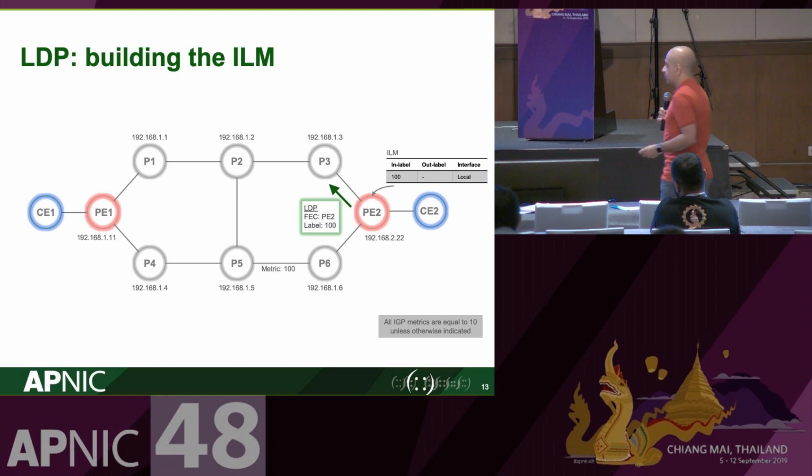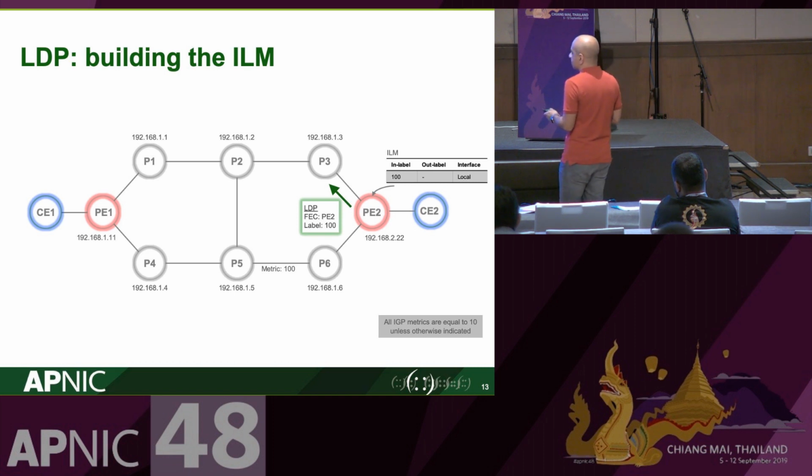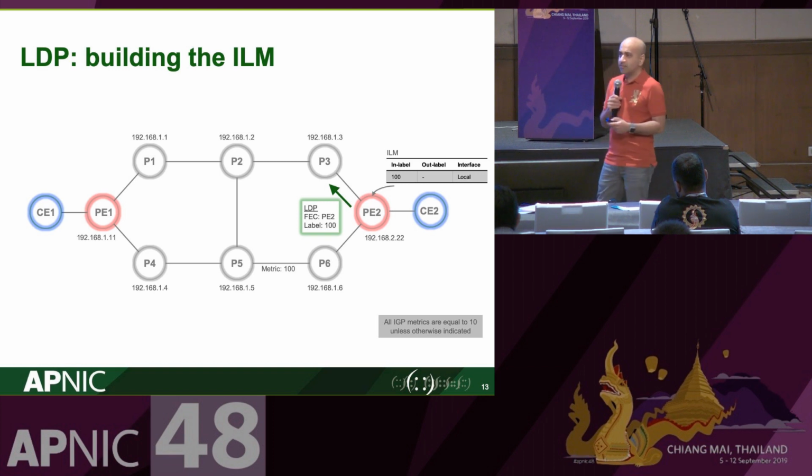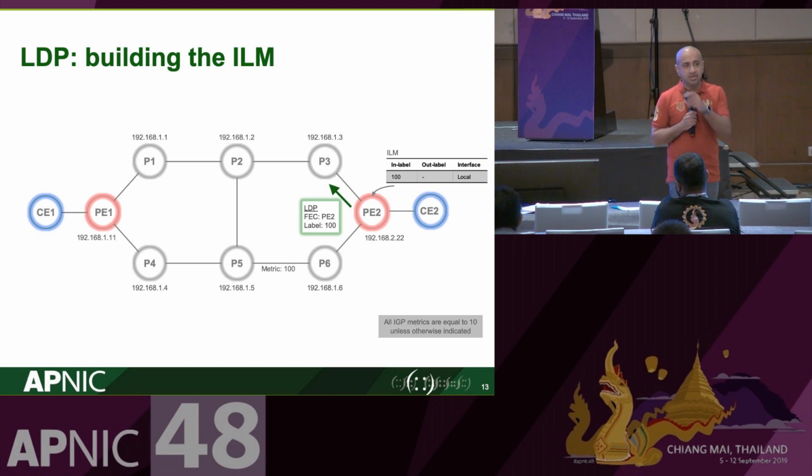So that message is saying, create a mapping for my address, 192.168.1.22, and that mapping should say that the LDP label that you use in order to send traffic to that address is 100, okay? So the message gets to P3.